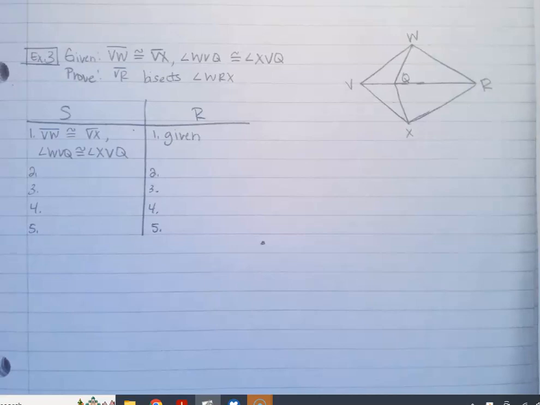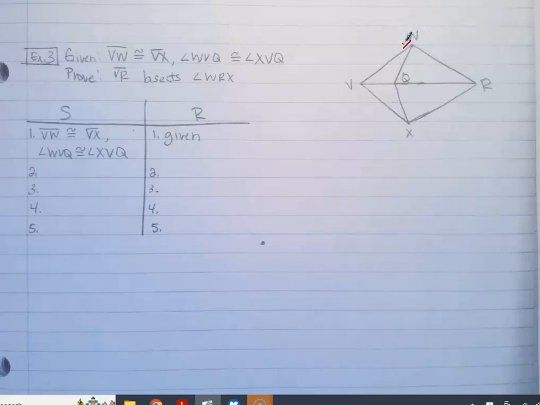So let's mark it. When it says VW is congruent to VX, Justice, what would you go up and mark? What is that saying about the shape? Go mark it on the diagram. Lucas, you're next. It says they're congruent, so the little line.